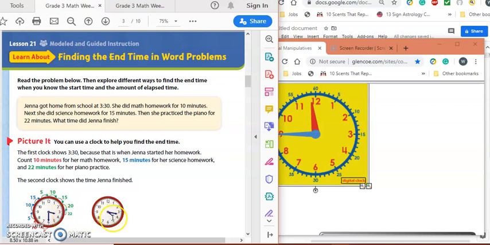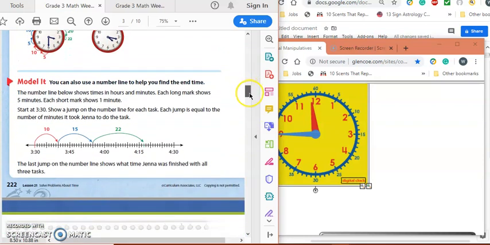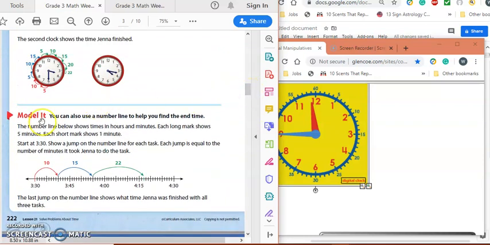On the second clock, it says that she finished at 4:17. Did you get 4:17? You are correct.